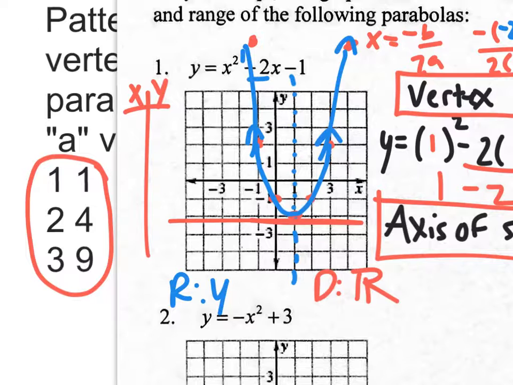In terms of y, the minimum value is what? Negative 2, guys. All right? So this whole parabola has to be above. So y is greater than or equal to negative 2, because it actually does touch the y value of negative 2. The vertex has a y value of negative 2. And that's your domain and range.